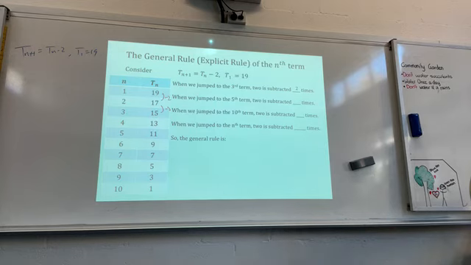Agree? What about when I jump to the 5th term? 4 times? 10th term? And what about nth term? Alright, so can you therefore derive the general rule? How? So what are we going to do in this case?